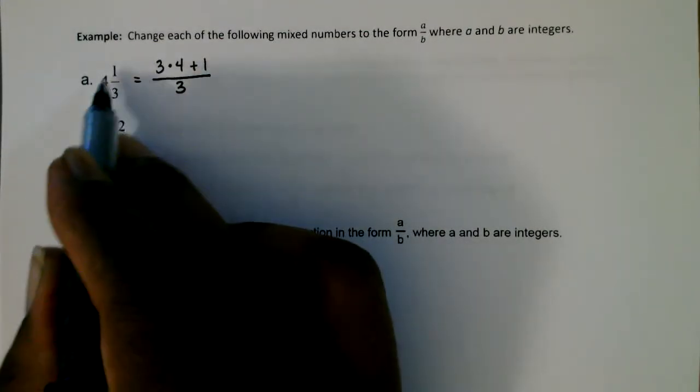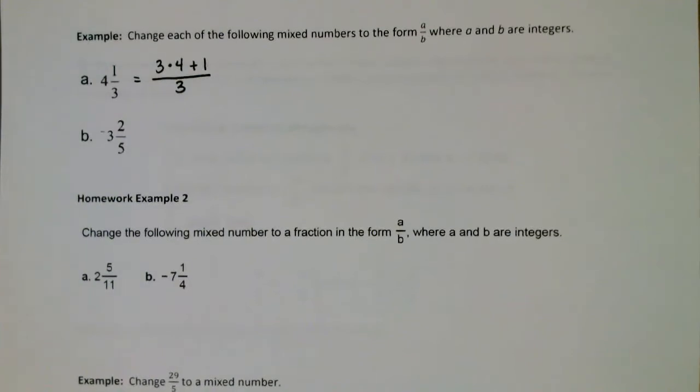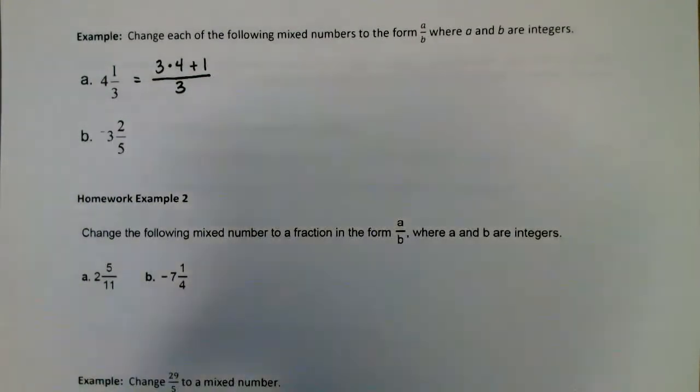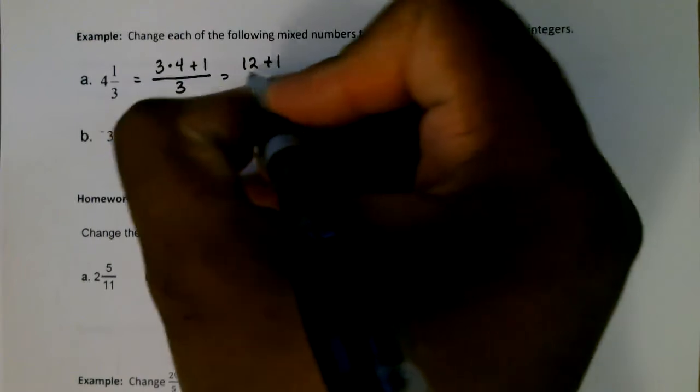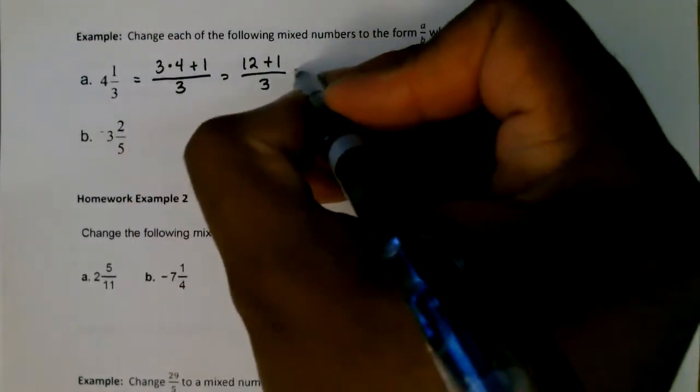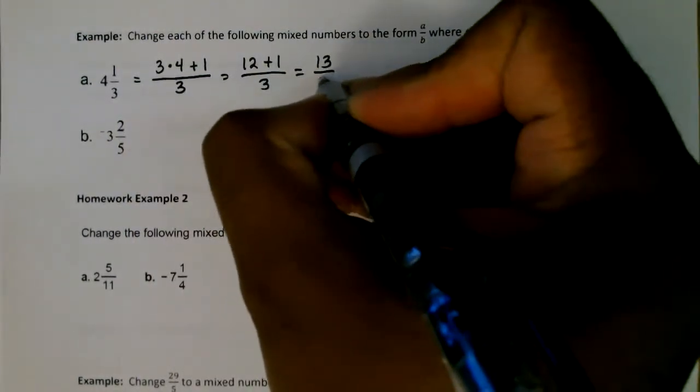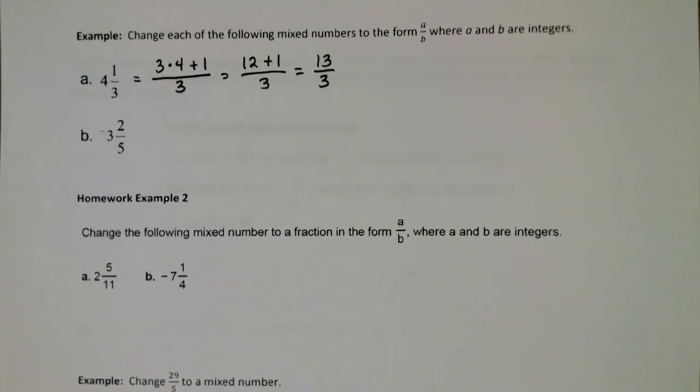Denominator times whole number plus the numerator. So it'll be 3 times 4, which is 12. 12 plus 1 would be 13. And that denominator is 3, so that 13 will be over 3. So 4 1/3 as an improper fraction will be 13 over 3.